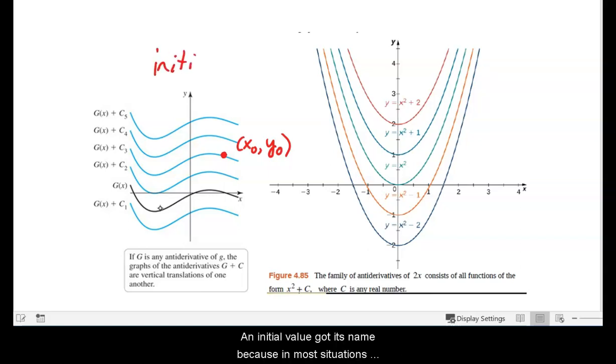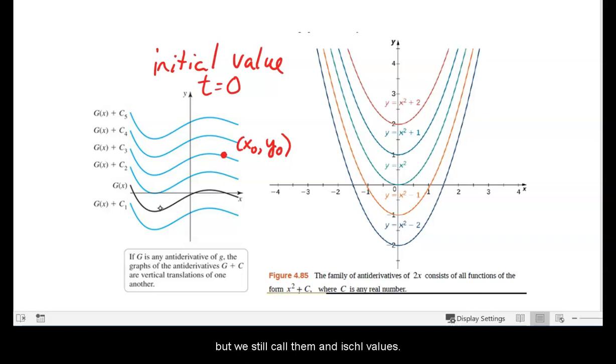An initial value got its name because in most situations where this was originally applied, these were position, velocity, and time graphs looking at acceleration, velocity, and position, and time was related, so that the initial value was what you got when time was 0. Hence, initial meaning when time began at 0, and hence the subscript of 0. Now we can apply initial value problems in many different situations where the x may not be related to time, but we still call them initial values.